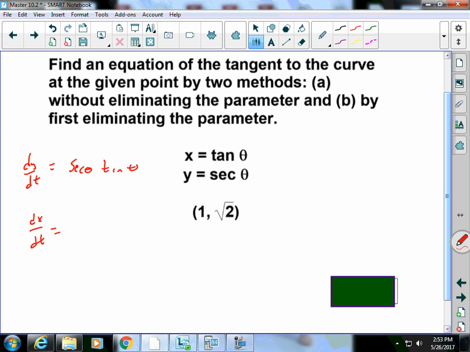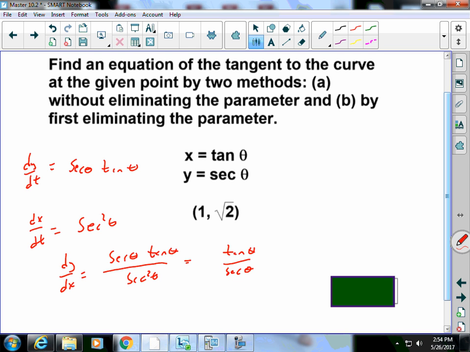For dx/dt, x is equal to tangent theta, and the derivative of tangent theta is secant squared theta. So dy/dx is equal to secant theta tangent theta all over secant squared theta, and that reduces to tangent theta over secant theta.